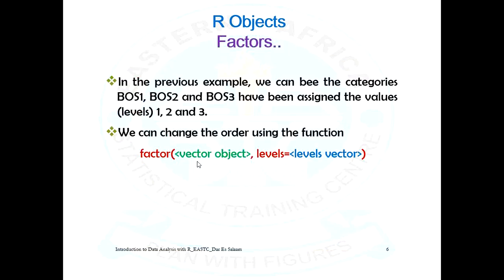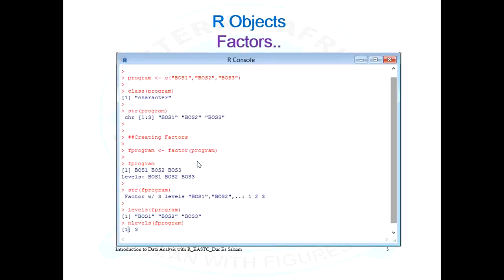Here we started by creating a vector object, which is character in nature, and then we changed this vector into a factor by using the factor command.